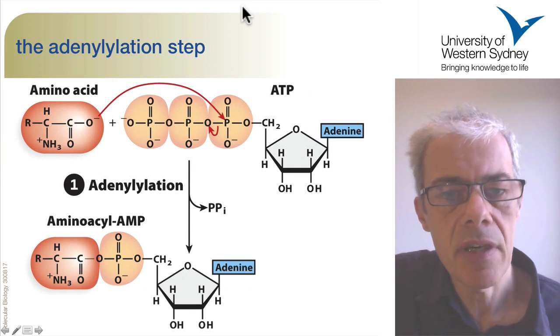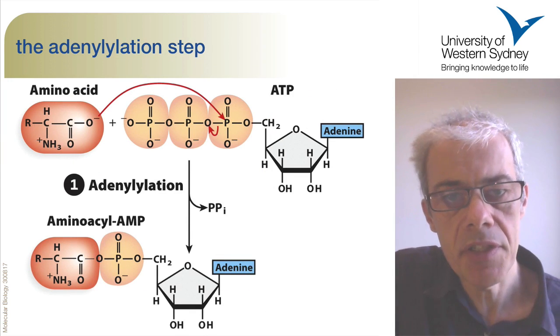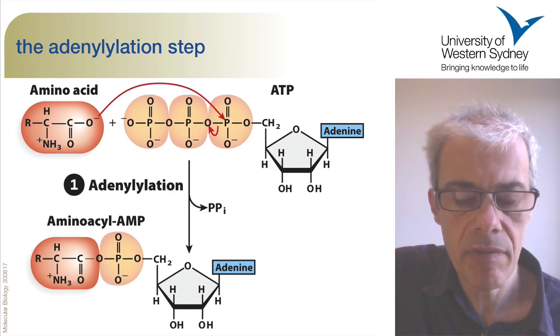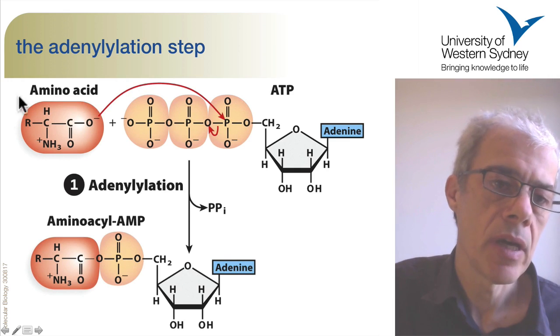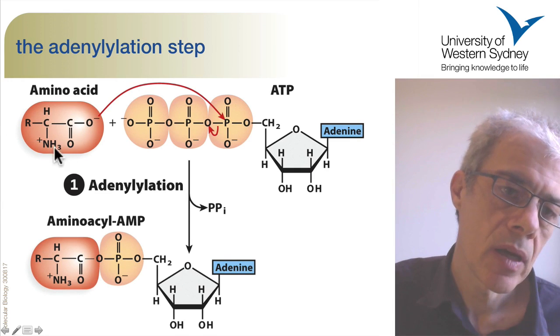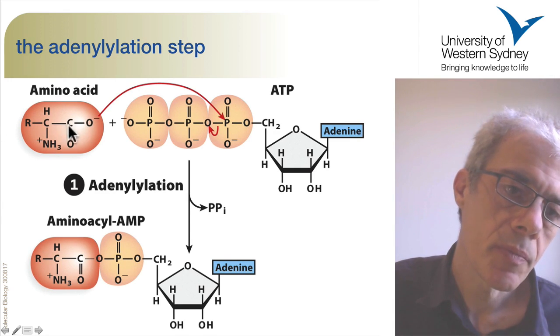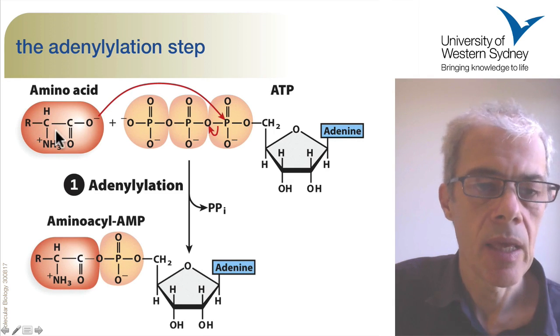So here's a figure from the textbook that shows that first step of the activation of amino acids, which is the adenylation step. So here's our amino acid. Here's the carboxy group. Here's the R group.